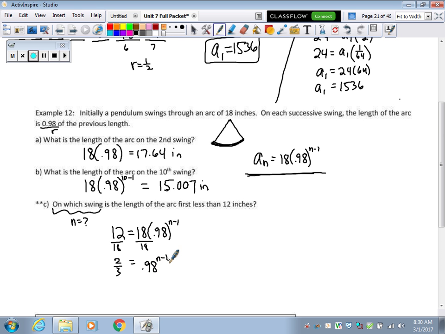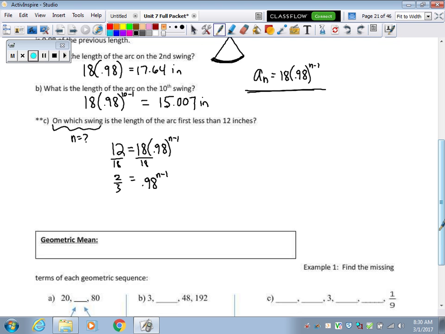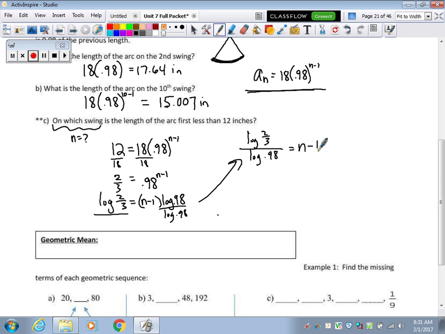Okay, how am I going to get the n down? Well, I'm going to log both sides. And the n minus 1 is going to come down. Then for the algebra here, I'm going to take the log of 2/3 and divide over the log of 0.98. That's n minus 1. And so then I'm going to add 1 to it.